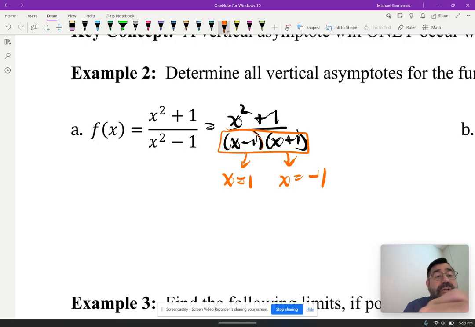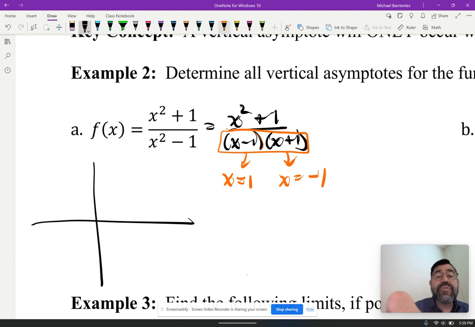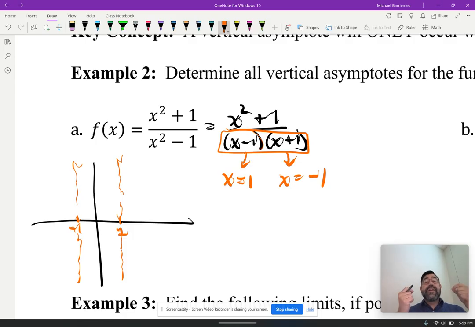So what we now know is, even though I don't know what the graph looks like, I do know that at x equals 1 and at x equals negative 1, there are vertical asymptotes. There are things going on within the sections, but there are definitely vertical asymptotes, and therefore there's infinite behavior going on at those places.